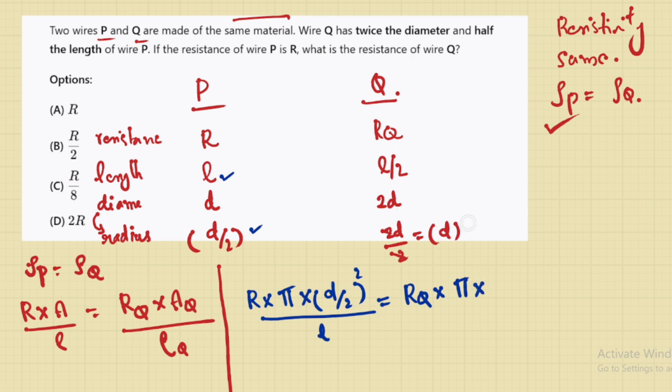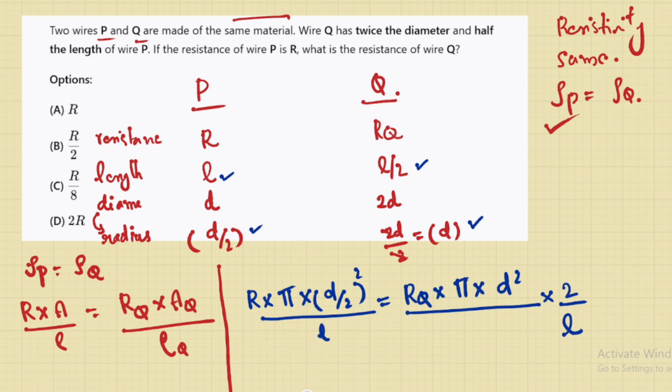What is R here? It is just D square, divided by L by 2. In lower classes we have learned about reciprocal multiplication, right? So instead of writing L by 2, we can write it in this particular way.